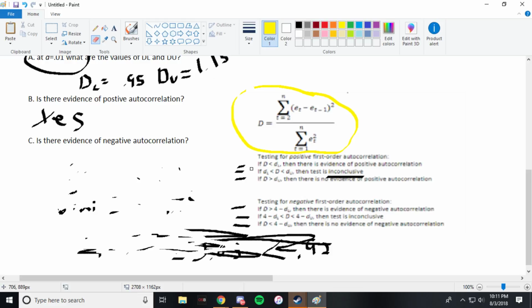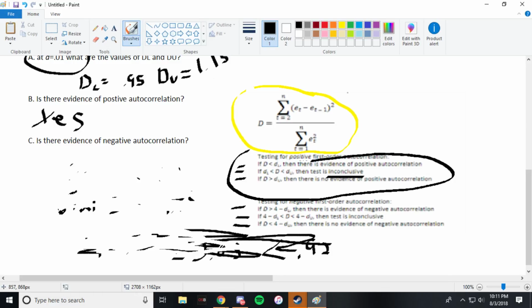Here we have three possible ways to test for positive autocorrelation in this first half right here.